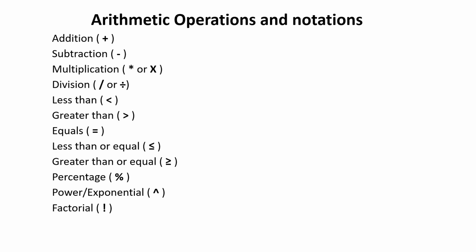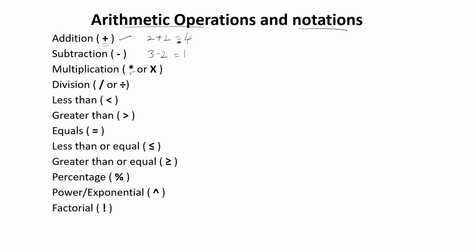Okay, now coming to arithmetic operations and notations. We know that the addition operation we can denote with the plus symbol. For example, 2 plus 2 is equal to 4. Now this equal to gives the result, the final answer. Now subtraction, 3 minus 2 is equal to 1.